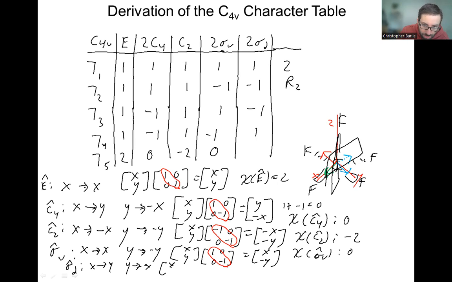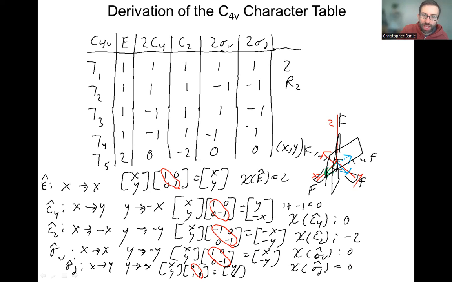And so you end up with a matrix that looks like 1s on the off diagonals. If you take the trace of this, it's 0 plus 0. And so you end up with chi of sigma d being equal to 0. And so we got a 0. And we can put here as our functions x, comma, y.